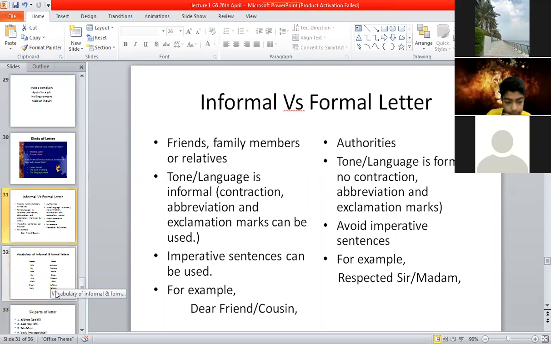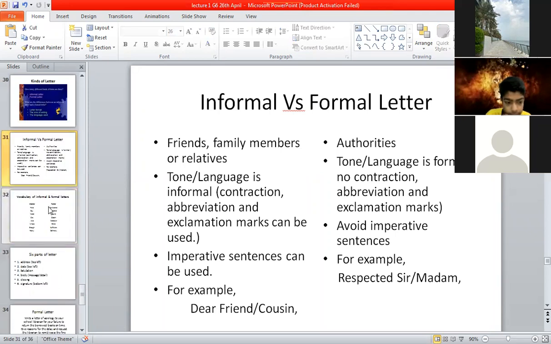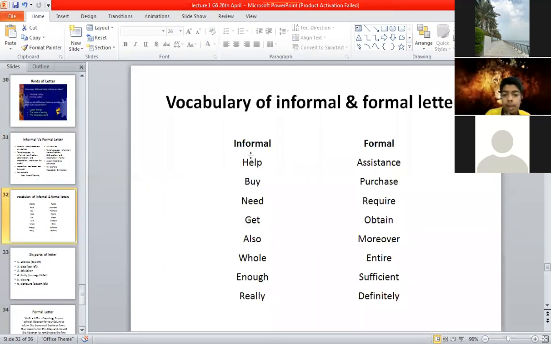There is also a difference of vocabulary. So this is the vocabulary of formal and informal letter. Instead of writing help, you can use the word assistance. Assistance is also a synonym of help, but that looks formal. Instead of writing buy, you can write purchase. Instead of writing need, you can use the word require.